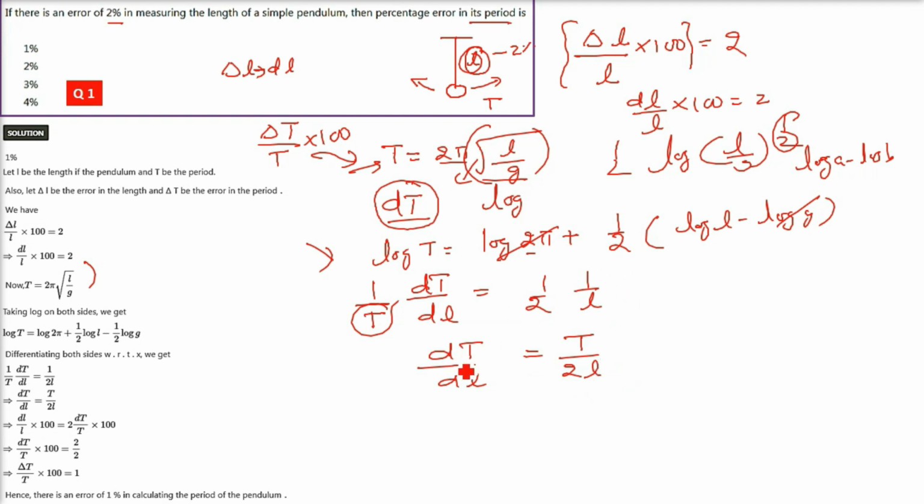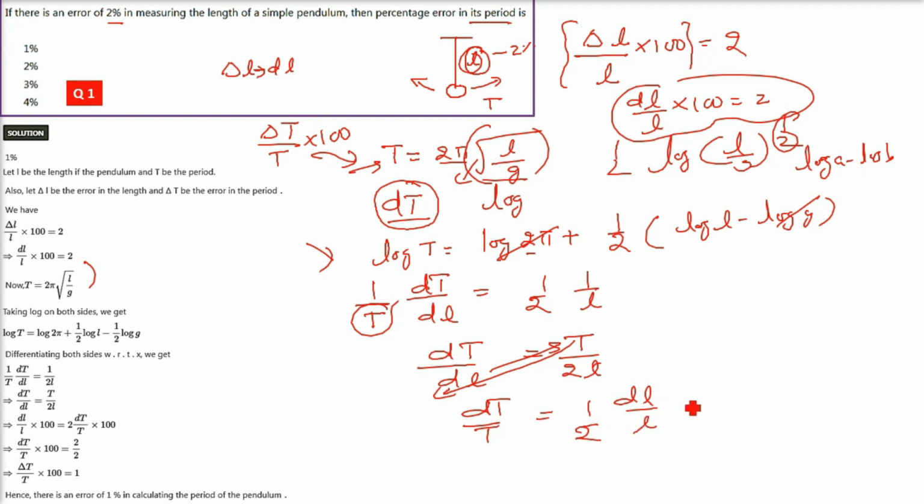We are interested in dL by L into 100, that is already given, and we are going to find delta T or dT by T into 100. So let us interchange these. We have dT by T is equal to dL by L, and there is a half also. But in the question, dL by L into 100 is given, so let us multiply both sides by 100. dL by L into 100 is already given, which is 2.